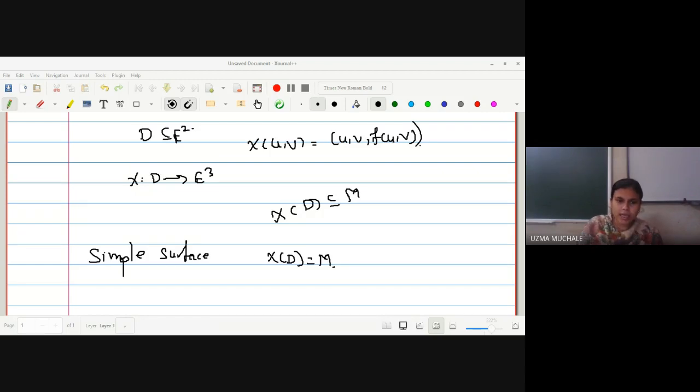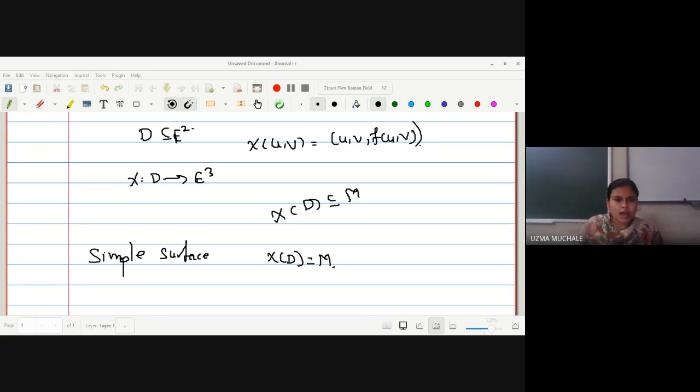You should have a mapping x which maps to u comma v, and the third is a function of u and v. And it should be a proper patch, that is it should be 1-1 regular and inverse function is continuous. It is such that x of d is equal to m. Okay, what is the next condition? If you get x of d equal to m, then you can say that it is a simple surface.